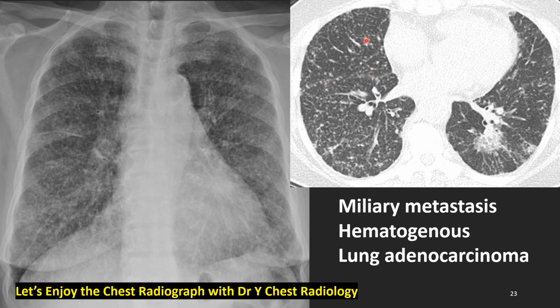So we call this random distribution, a typical finding of hematogenous metastasis. Sometimes we see this kind of finding in miliary tuberculosis or miliary metastasis. She has adenocarcinoma here in the left lower lobe. This is the primary lung cancer, and she has shown us miliary metastasis, a hematogenous metastasis.